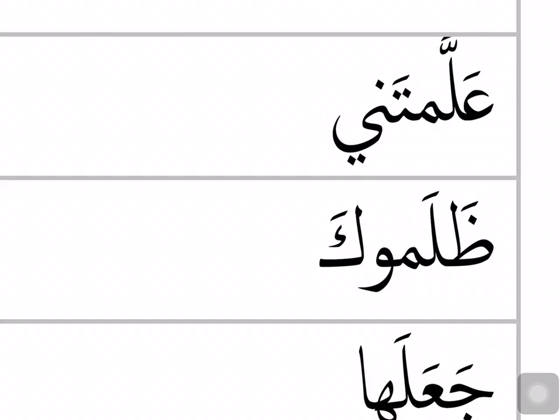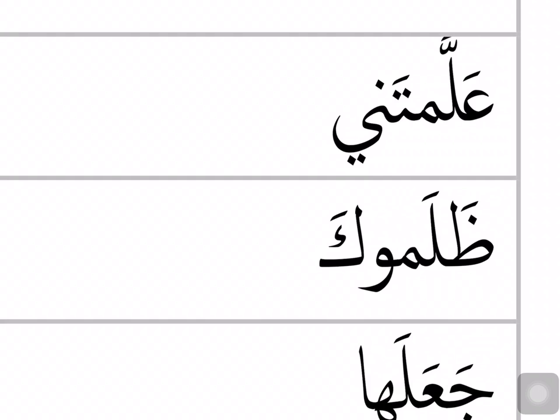Allamtani. Allamtani is allamta, fi'l madi. The fa'il is ta, and the maf'ul bihi is ya mutakallim. Allamtani, you taught me. We see an extra noon here. This is called noon al-wiqaya. The purpose of this noon is to protect the haraka on the ta. If we didn't have this noon, it would be allamti.